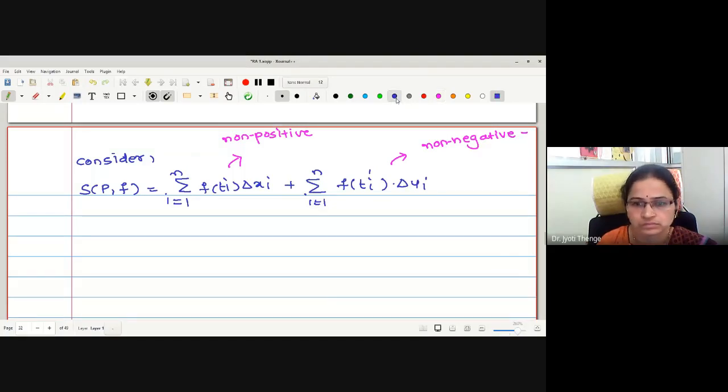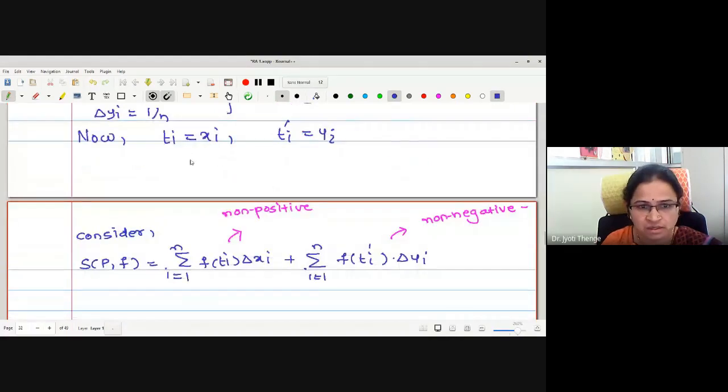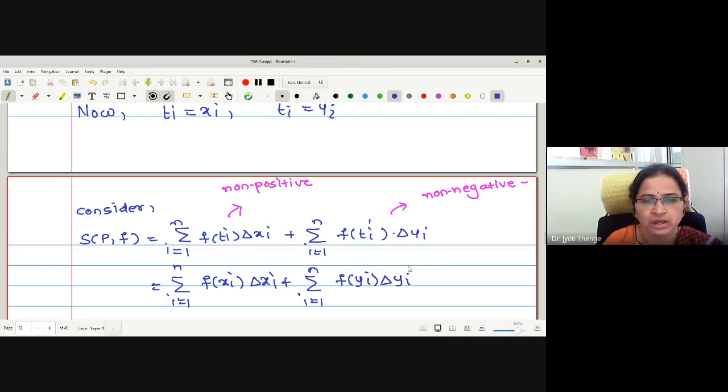Now let's put in the values. What is Ti we have selected? Xi. And what is Ti dash we have selected? Yi. Therefore, this is f of xi into delta xi added with f of yi into delta yi. Now, what is f of xi?